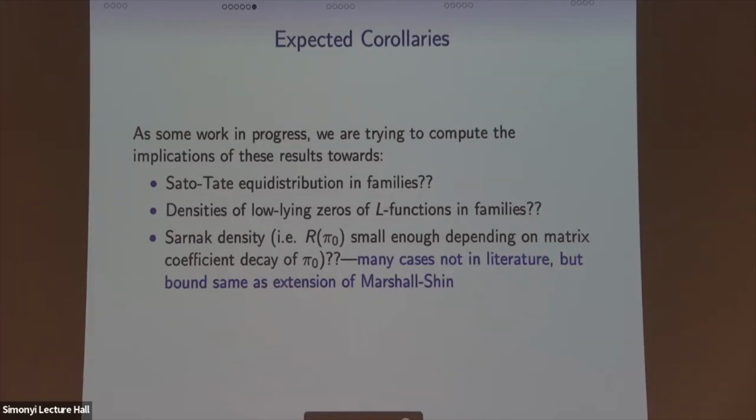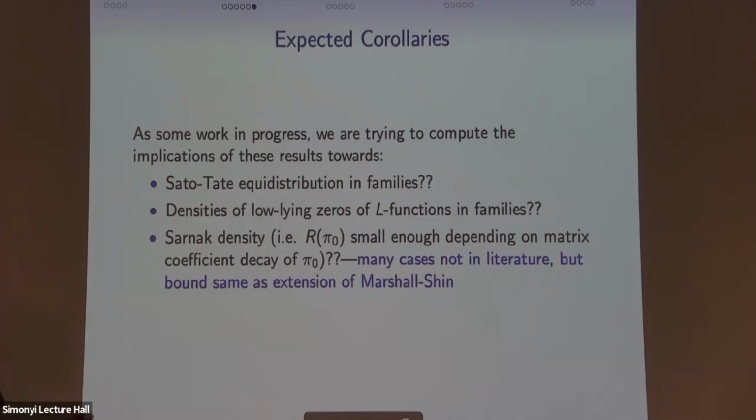Too non-tempered means that the matrix coefficient decay is too slow on the group. If you fix a condition where you look at automorphic representations with a component whose matrix coefficient decay is slower than some bound, and you look at how many there are of a certain level, and increase the level, there should be some bound on how fast that grows.